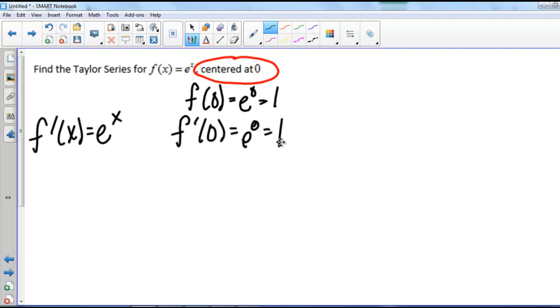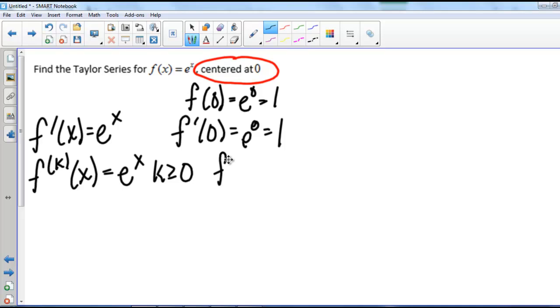And you should notice that any kth derivative of f is going to be e to the x for k greater than or equal to 0, and at the point 0 in any of those kth derivatives we get 1 for k greater than or equal to 0.